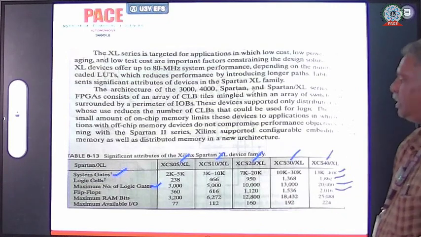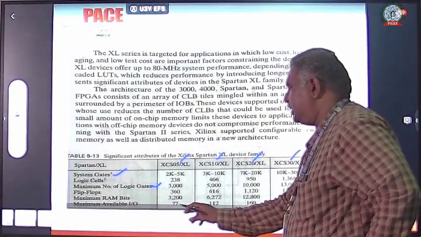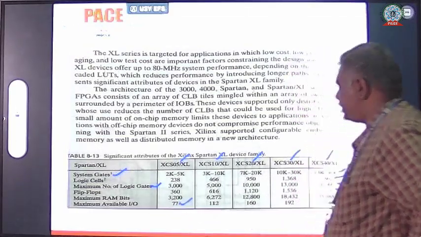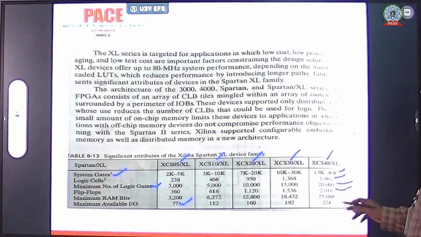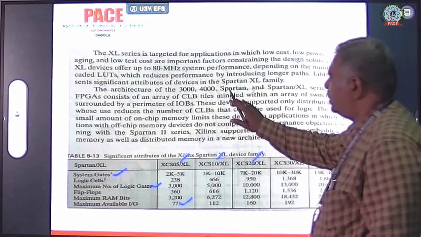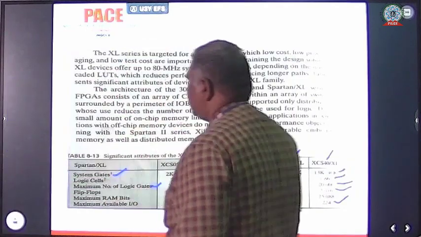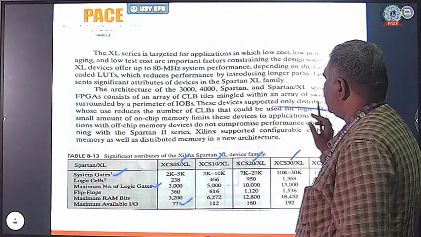For maximum available input output pins, initially it is 77. In the 40XL we have 224 input output pins available. These are the basic advantages and improvements in the design.